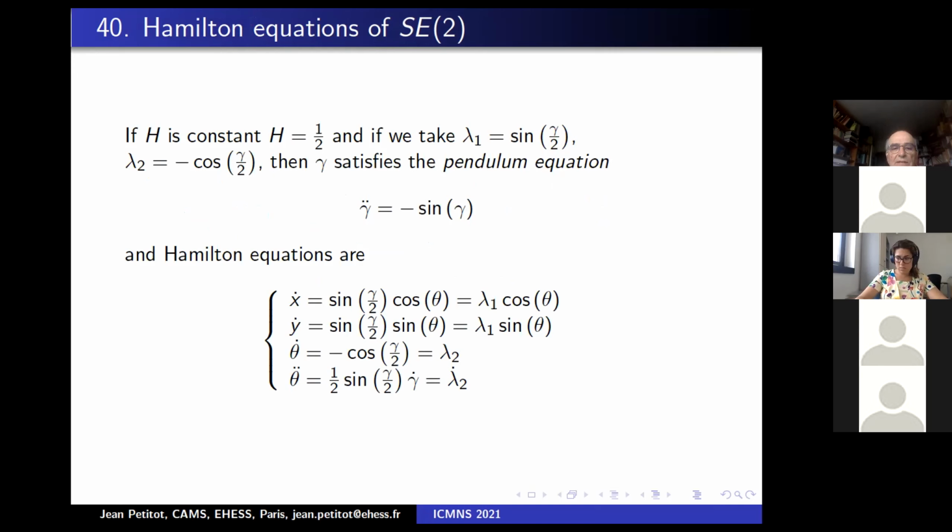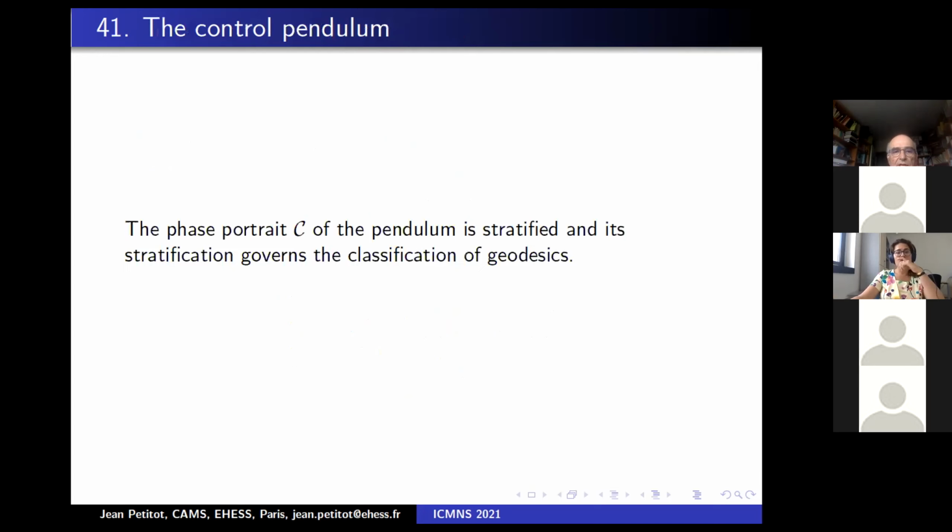And the Hamilton equations are given in function of theta and gamma by the following equations. And so you have a pendulum in the cotangent space which controls the behavior of the geodesics.